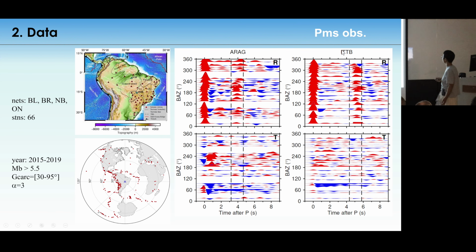But for the ITTB station, the oscillation is much weaker, I mean the harmonic feature is much weaker than this station, and the energy on the T component is also much weaker. So just according to the receiver function observation here, we may expect that the anisotropy beneath the ARAG station might be stronger than the ITTB station.